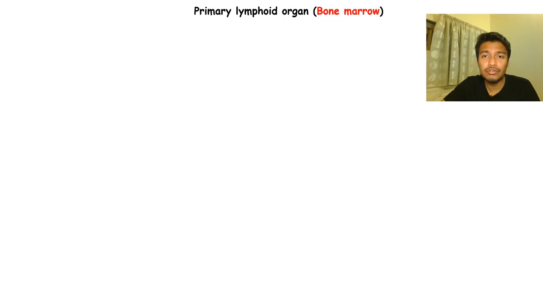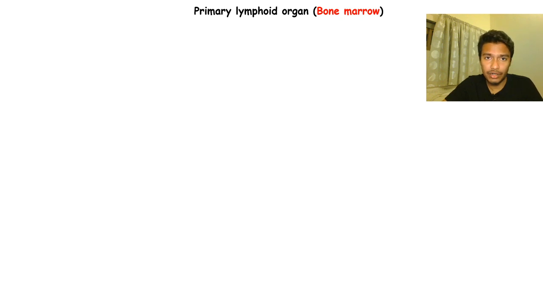Now we talk about two important terminologies which are really important to know. First of all, the primary lymphoid organ, and second, the secondary lymphoid organ, because in order to understand immunology, we need to begin from the basics.